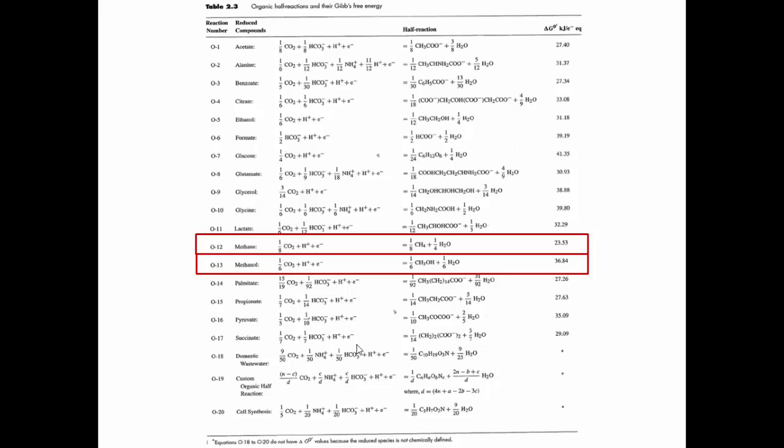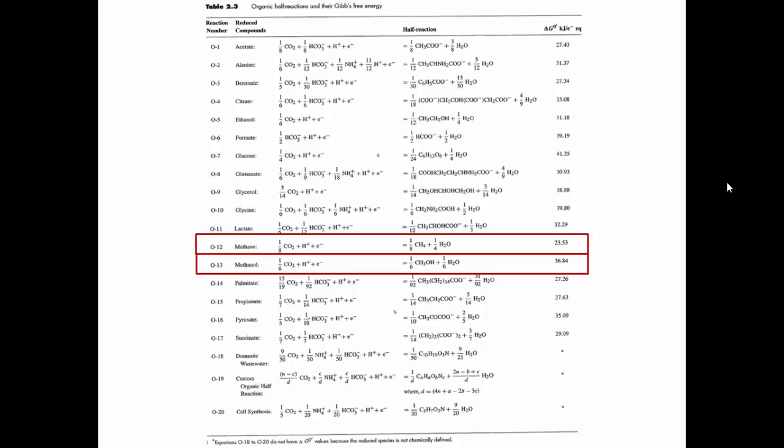Or just randomly, if somebody wants to see citrate production from glucose, you just go to your half reaction table, you look for glucose, you look for citrate, and then you combine them. So basically, choosing which half reaction to use shouldn't be a big deal. It should be very straightforward.